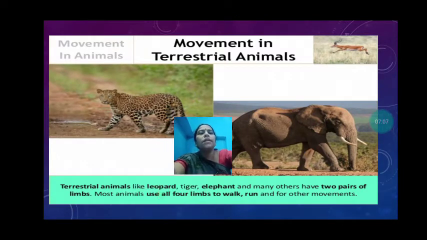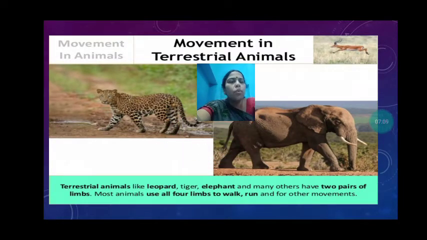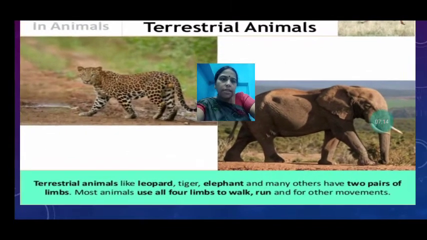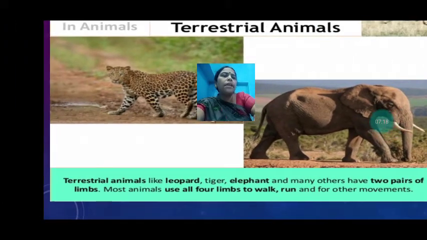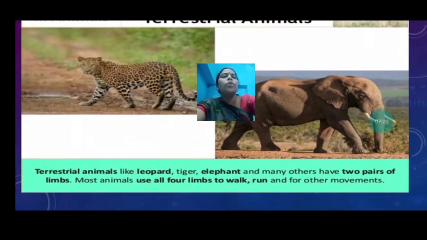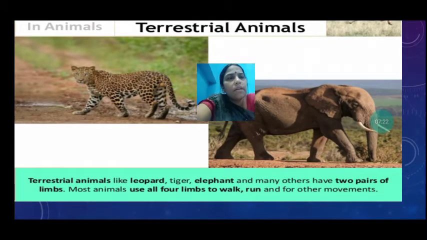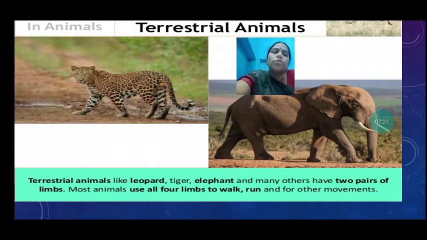Then movement in terrestrial animals. So what are terrestrial animals? Terrestrial animals like leopard, tiger, elephant and many others have two pairs of limbs. Terrestrial animals are the animals that live on land. We know that tiger, leopard, elephant, dog, cat, kangaroos all live on land.